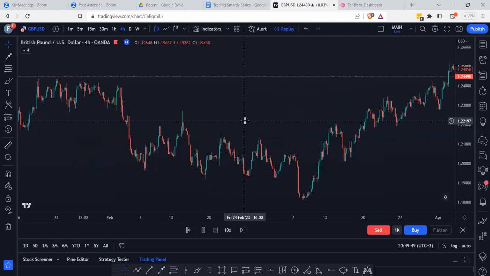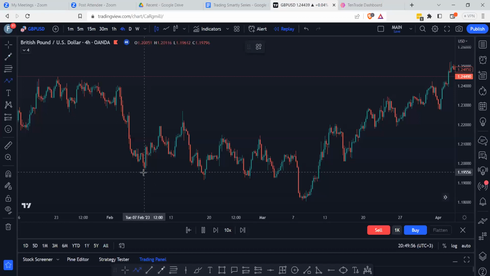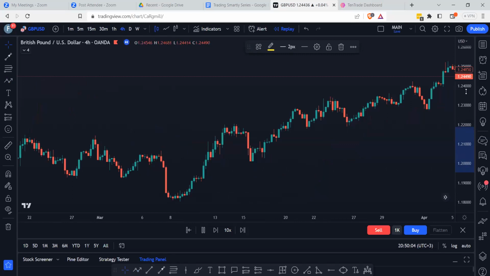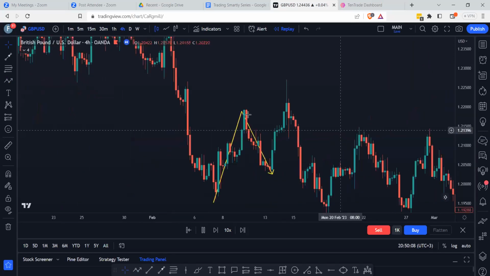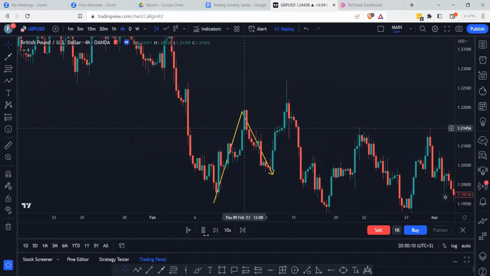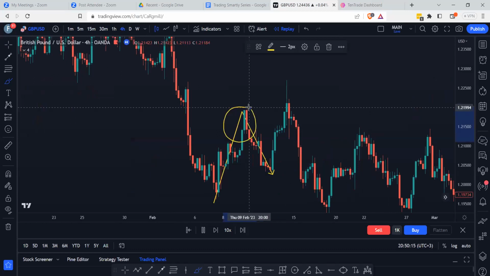You can see price going up like so, and then suddenly we can see this reversal here. What pushed price down? There's something responsible for putting price down. In this particular scenario, there's a resistance here. Am I communicating?